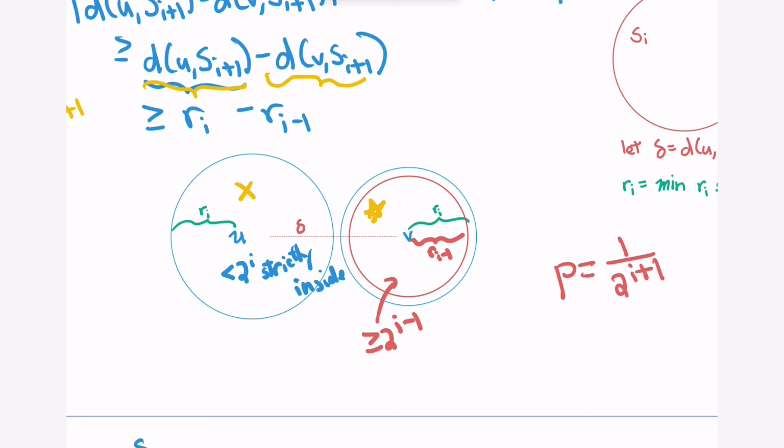It'll be okay. Let me just double check. Yeah, okay, it's the same. Because we truncate at delta over 2, that still guarantees the two balls are disjoint. Delta is half. Ri minus 1 is smaller than delta over 2, and you'll get the same argument.